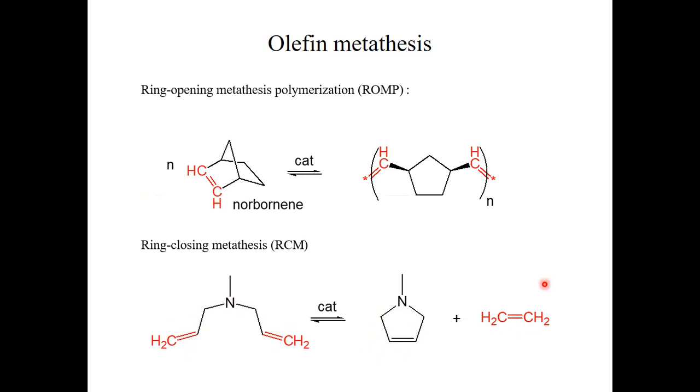So in this case, you again get ethylene as the byproduct, and that byproduct can leave the reaction equilibrium fairly easily. And that again drives the chemical equilibrium to the right side.